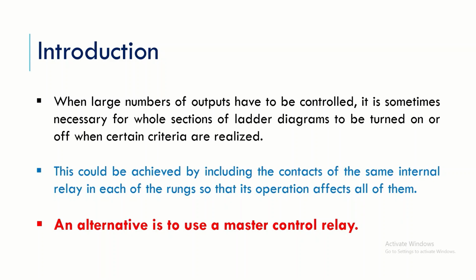So if you do not have the facility of an MCR, then what will happen? The entire four lines will need to be stopped. So your entire operation will be hampered. Your production will be seriously under threat.